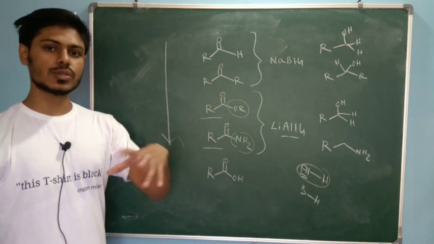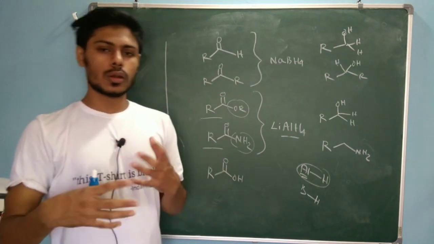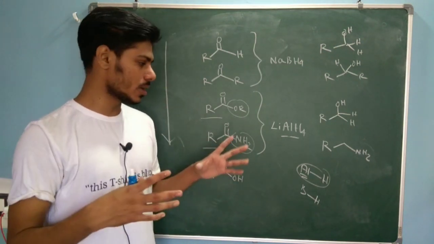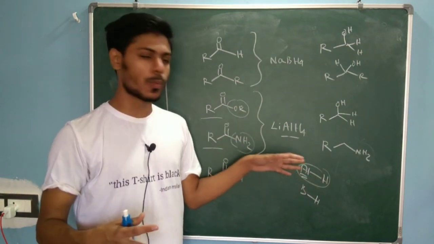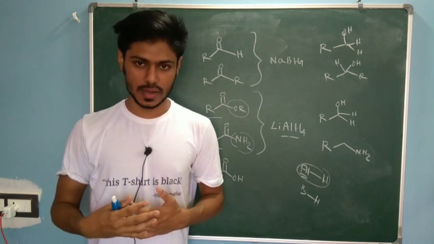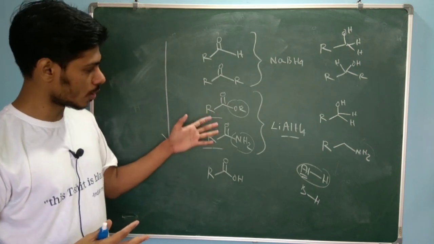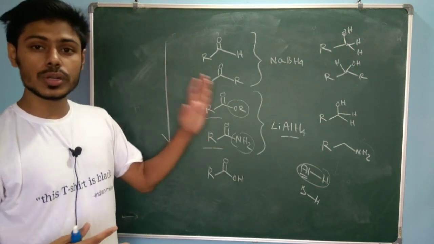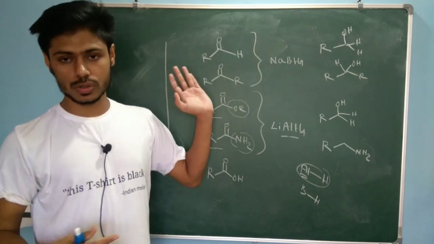Now hydrogen is using 1s orbital, so matching of 1s and 2s or 2p is good, but matching of 1s and 3s or 3p is bad, and that's why these Al-H bonds are weak, and that's why they are ready to deliver the hydride. So they are more reactive, and in case of less reactive ketones or less reactive ester or amide, we should use the more reactive reducing agent lithium aluminum hydride and not sodium borohydride.